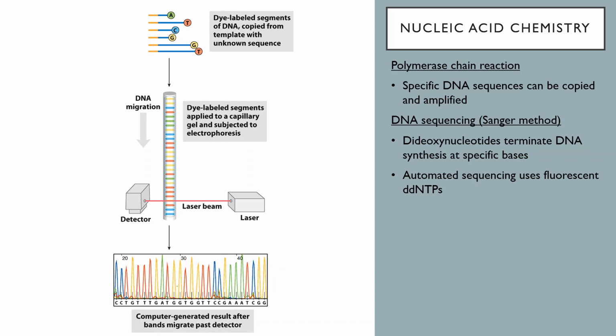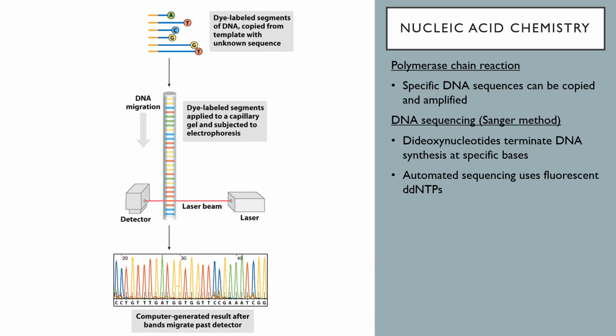In fact, nowadays you don't even get a printout. The detector or the computer just compiles the sequence data into usually a big long text file, and then you just download that to your computer, and you can use computer algorithms to look for particular sequences.